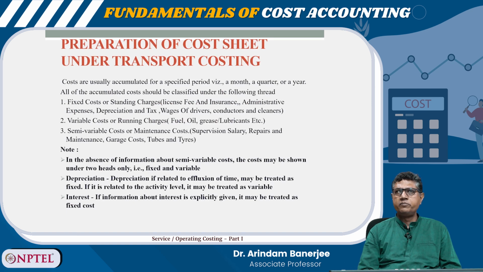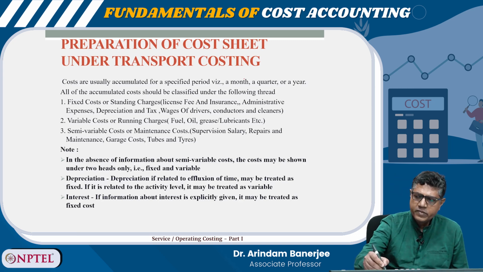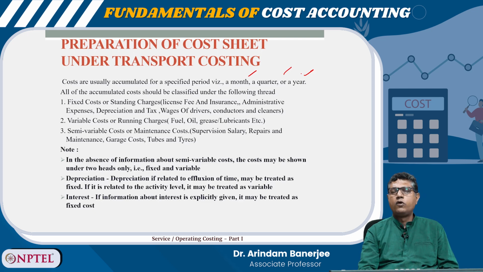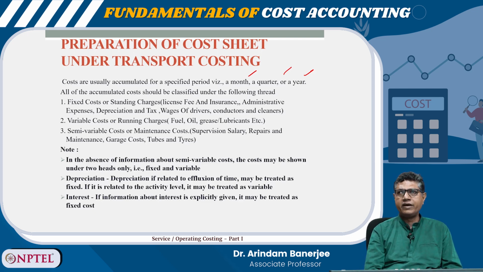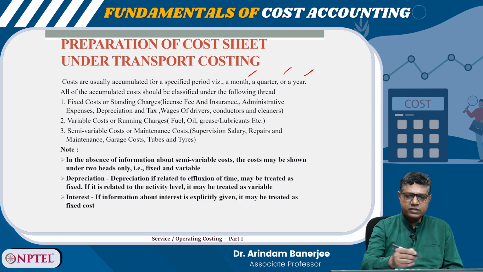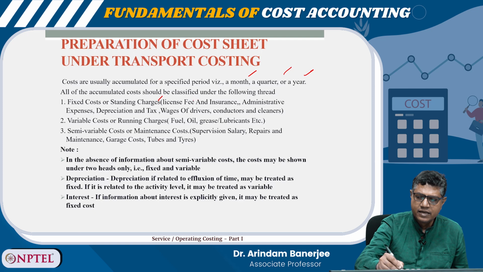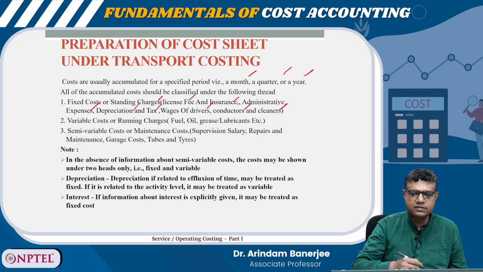Now, for preparation of cost sheet for a transport company, under transport costing, costs are usually accumulated for a specified period, that is a month or a quarter or a year. All of the accumulated costs should be classified under the following heads. Fixed costs or standing charges: license fee and insurance, administrative expenses, depreciation and tax, wages of drivers, conductors and cleaners.